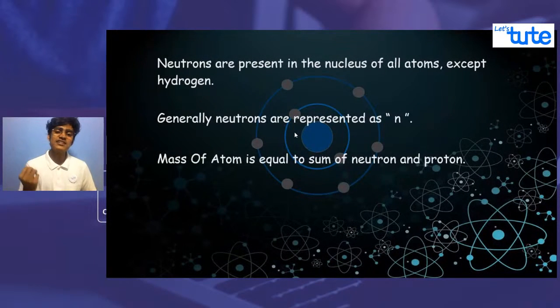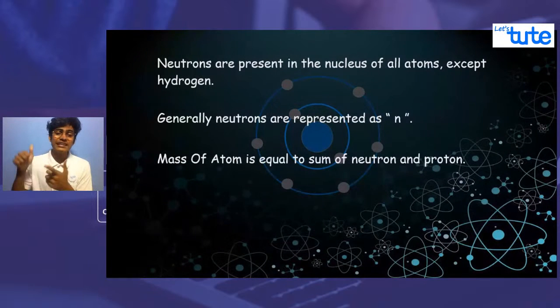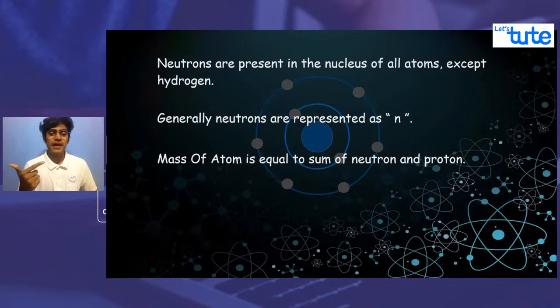Then why are we just adding neutrons and protons to get the mass of an atom? Why aren't we adding electrons in this?